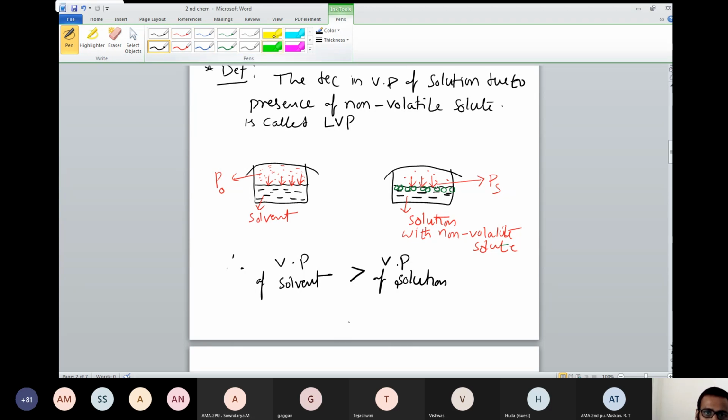This is the most important thing. Vapor pressure of solvent is P naught, and vapor pressure of solution is PS. Is the vapor pressure of solvent big or the vapor pressure of solution big? Vapor pressure of solvent is big.